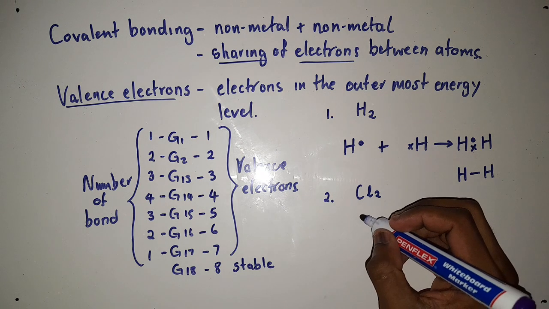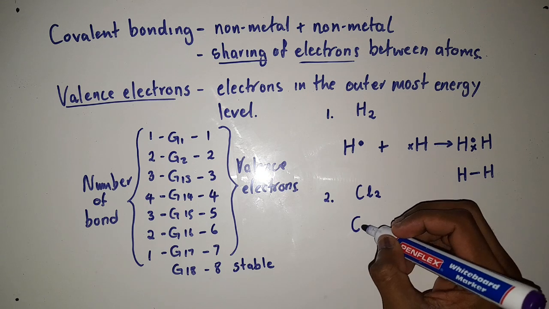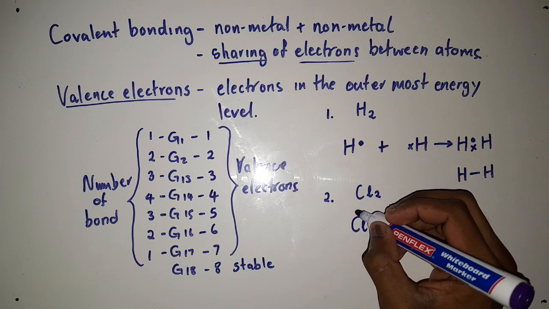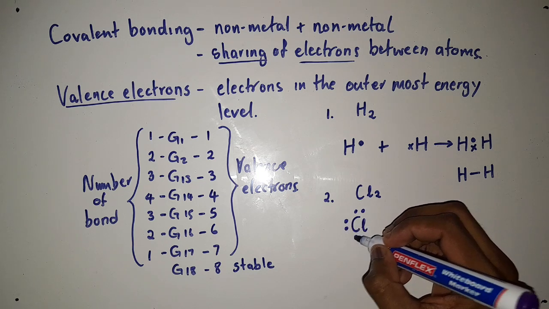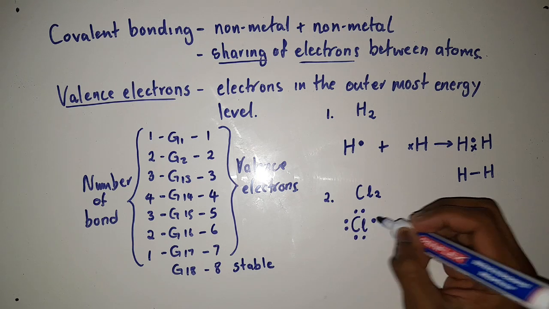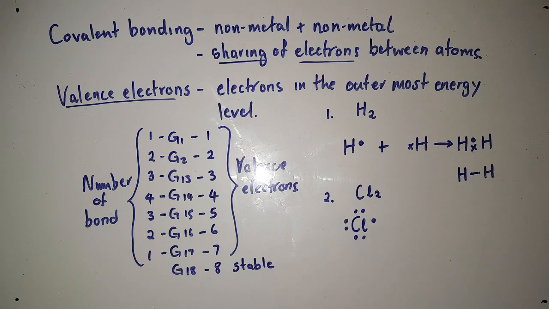Let us separate them firstly by saying we have Cl like this. We have 1 2 3 4 5 6 7. Why? Because chlorine is situated in group number 17. The valence electrons of Cl are going to be 7.